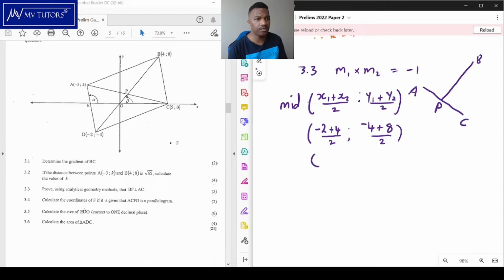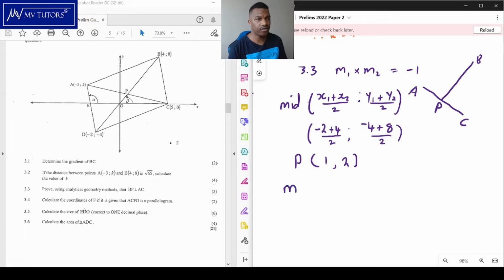What's 4 minus 2? That's 2. 2 divided by 2 is 1. And then -4 plus 8 is 4, divided by 2 is 2. So the point P is (1, 2). Now that I have this point P, I can solve the gradients.